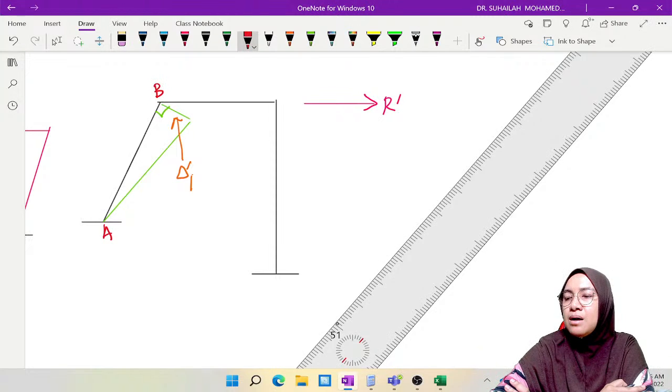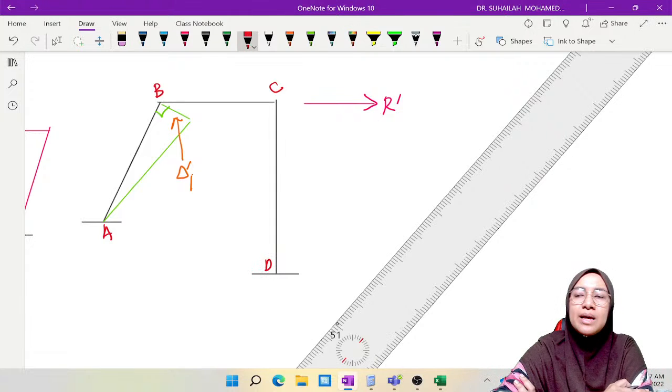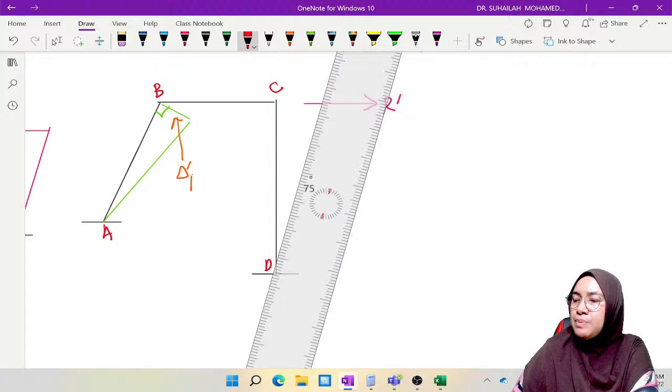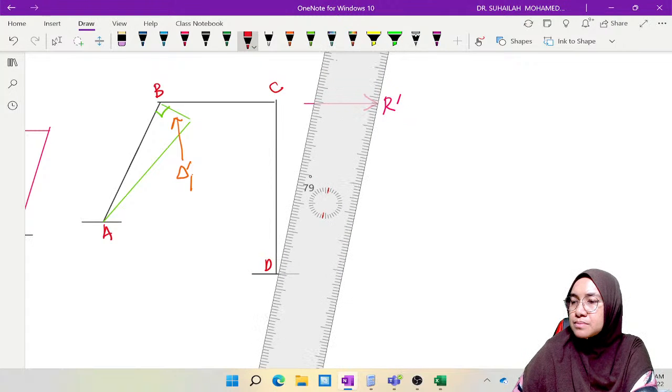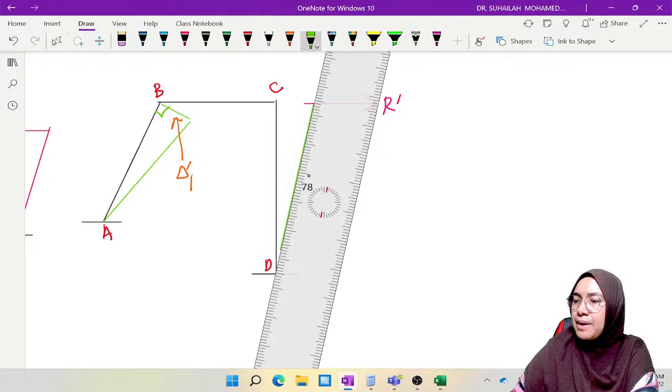Okay, delta 1. And then look at column number 2, column CD. Where is the perpendicular?